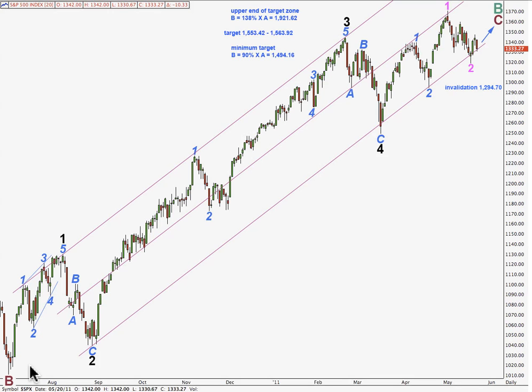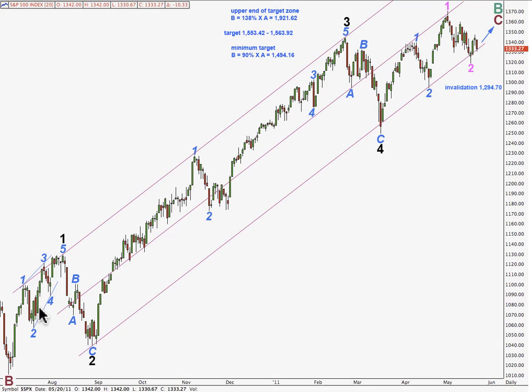One of the other reasons why I'm much happier with this wave count is also the duration of these waves. This fits much better as a cycle degree wave. This B wave, rather than a primary degree, would be very long for a primary degree wave, but as a cycle degree wave, this whole big zigzag that we see on the monthly chart has a much better fit in terms of duration.